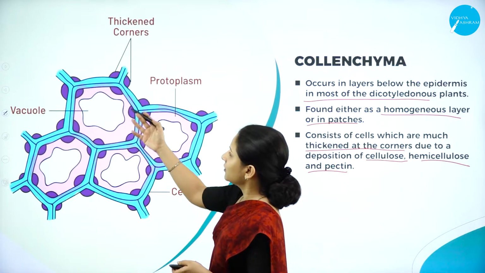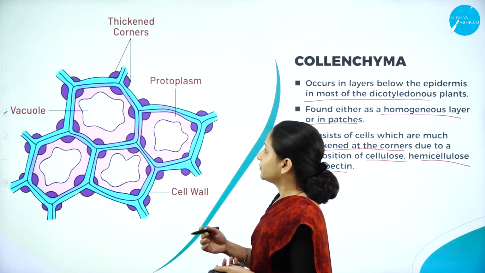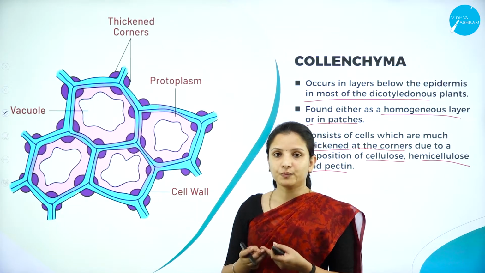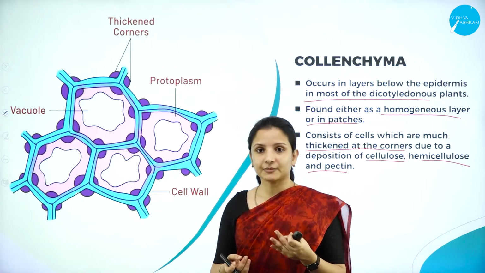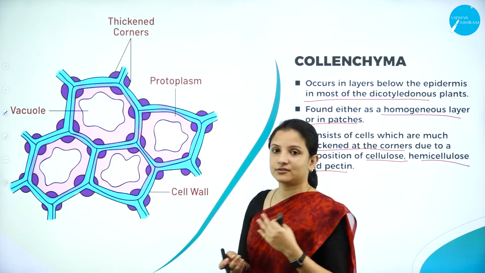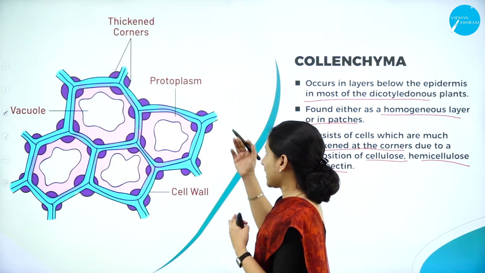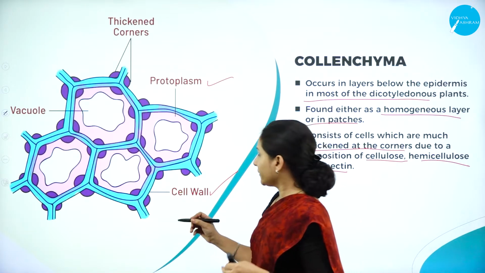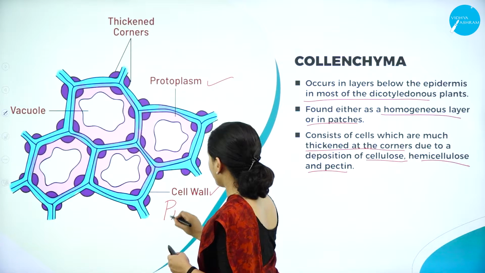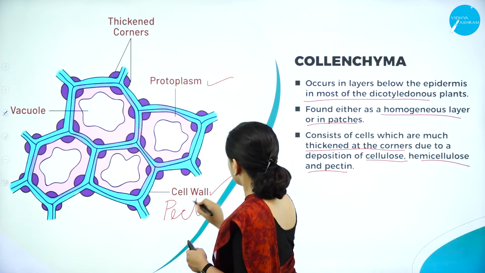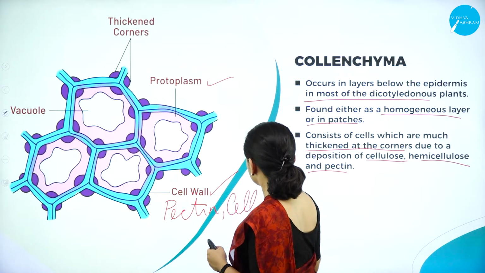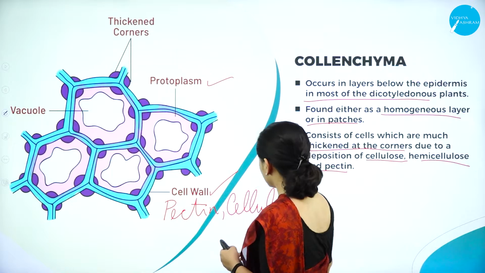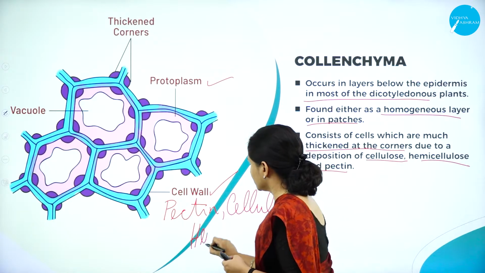So you can see here, collenchyma cells have a protoplasm. What is a protoplasm? It is nothing but a colorless substance that is present within the cytoplasm. Then they have the cell wall. What is the cell wall made up of? It is made up of pectin, cellulose and hemicellulose.